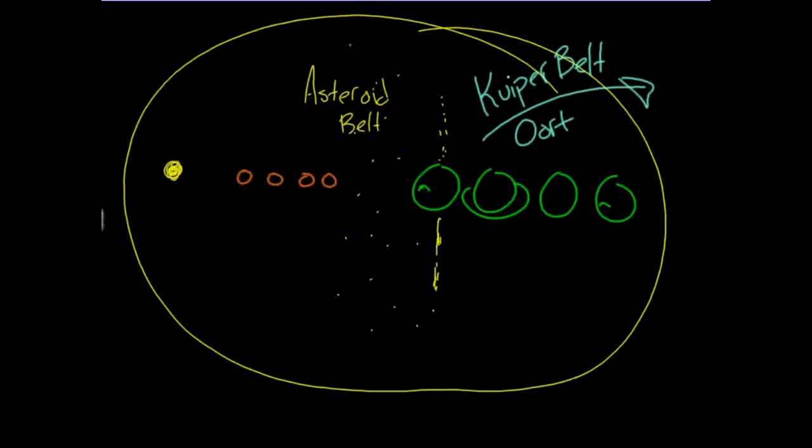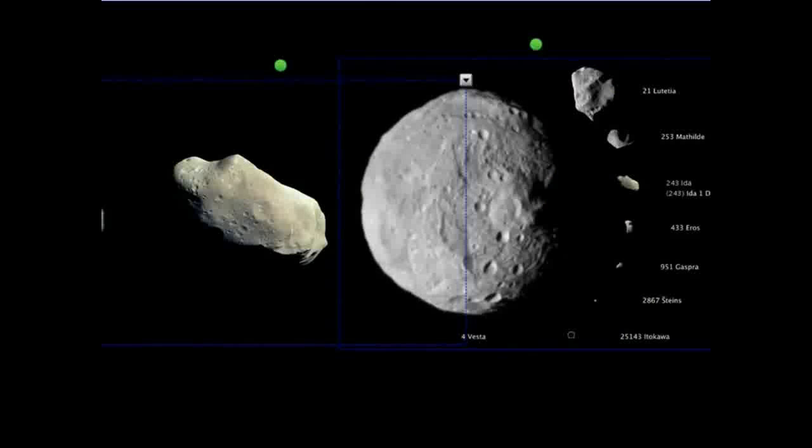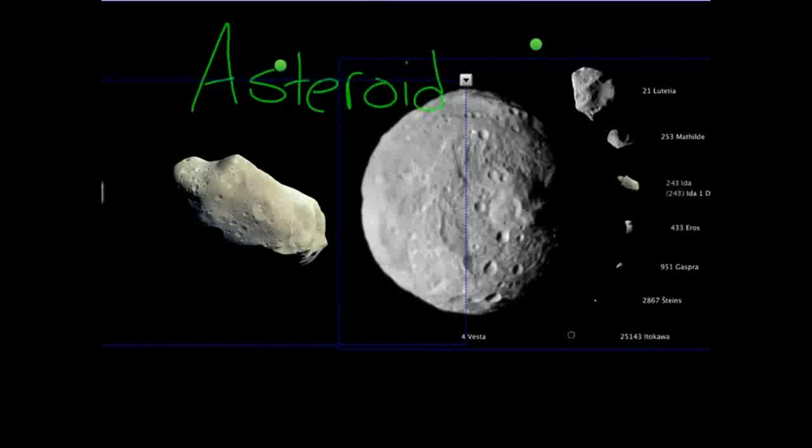Now, thinking of the term asteroids, all an asteroid is, is a big clump of rock. An asteroid is a big, huge clump of rock that's hanging out in space.